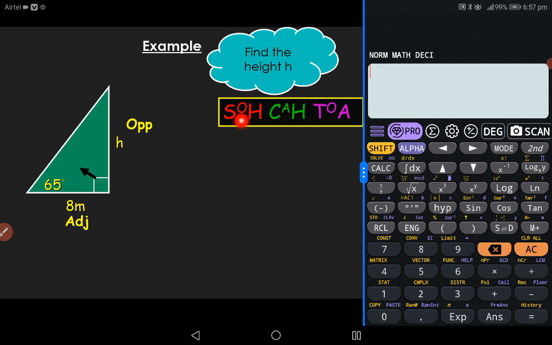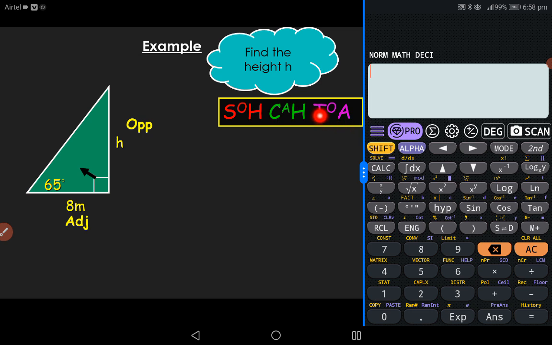This means sine is opposite side divided by hypotenuse. Cosine is adjacent side over hypotenuse. Then tangent is opposite side over adjacent side.